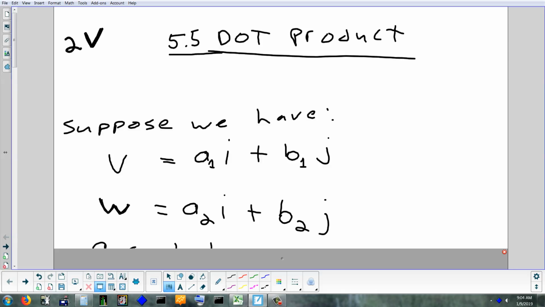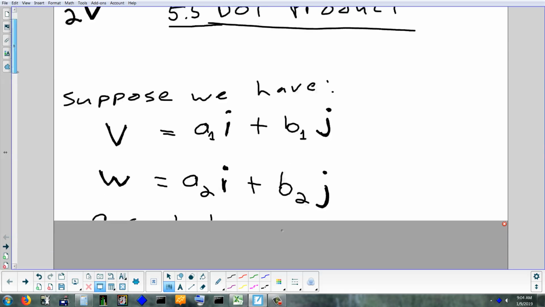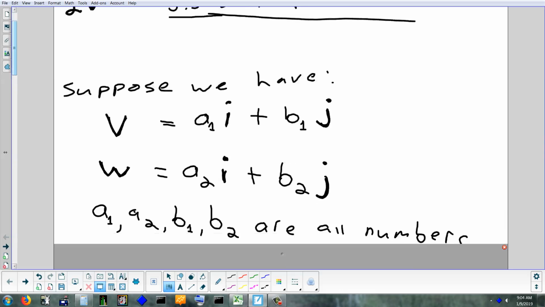And these are all vectors, so again, remember, these are all bold. Okay, if you're not sure where the i and j come from, that's probably because you weren't here yesterday. And that's what we talked about yesterday. So a1, a2, b1, b2. Those would all be numbers in a problem. We're going to do one with all numbers in a minute.